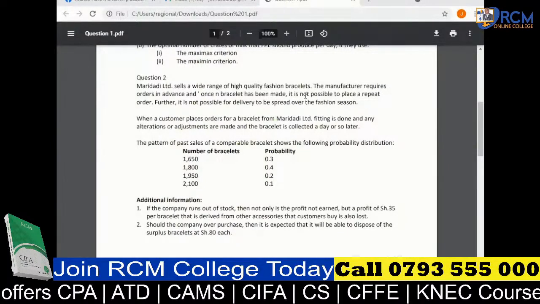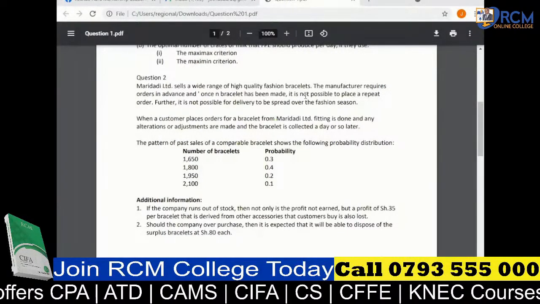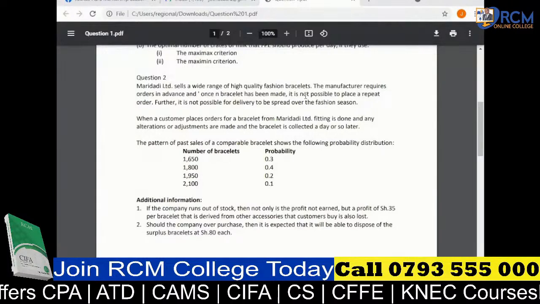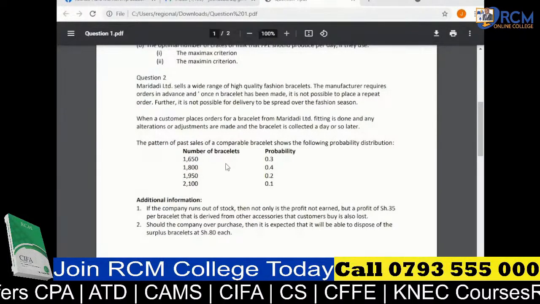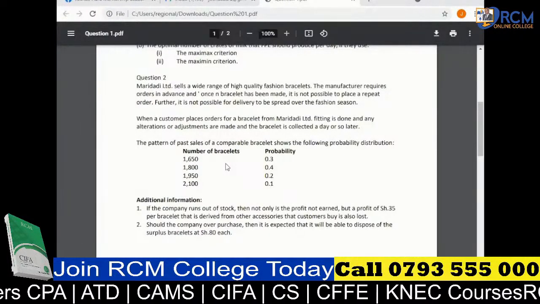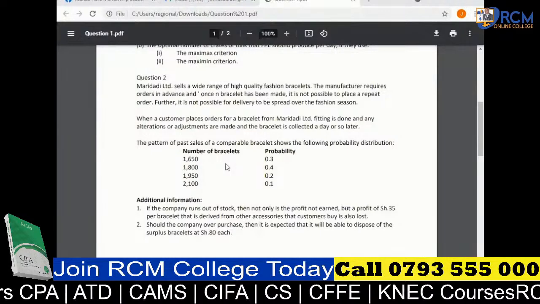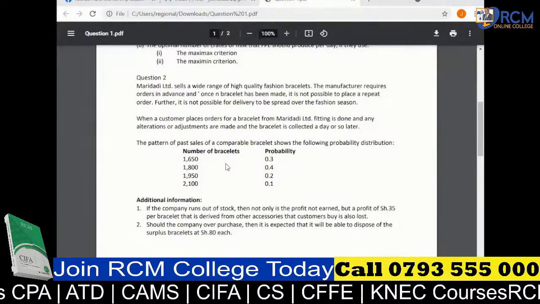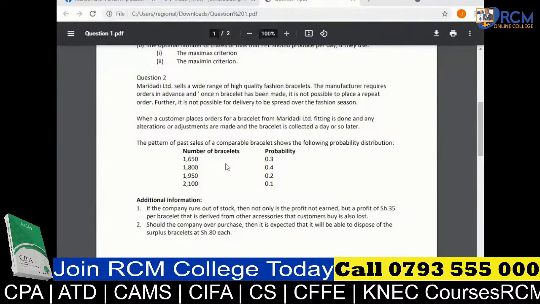So now, ladies and gentlemen, one thing that is so nice for us is that they have given us the number of bracelets. I'm sure each one of us will be able to get something. They have given us the number of bracelets, 1650.